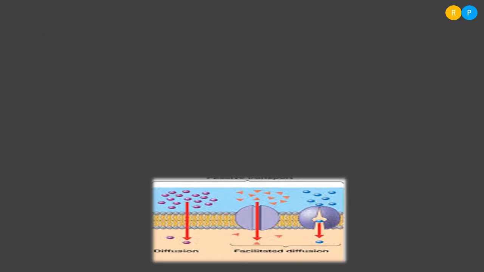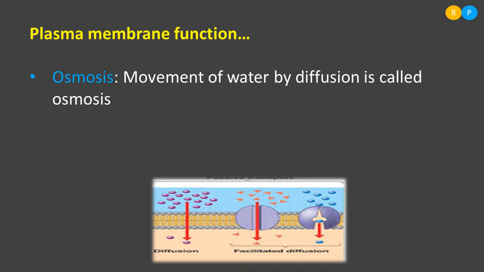Another kind of passive transport seen in organisms is osmosis. Osmosis also comes under passive transport. But here, not solid molecules but only water moves across the membrane from higher concentration region to lower concentration region. This is what we call diffusion of water.